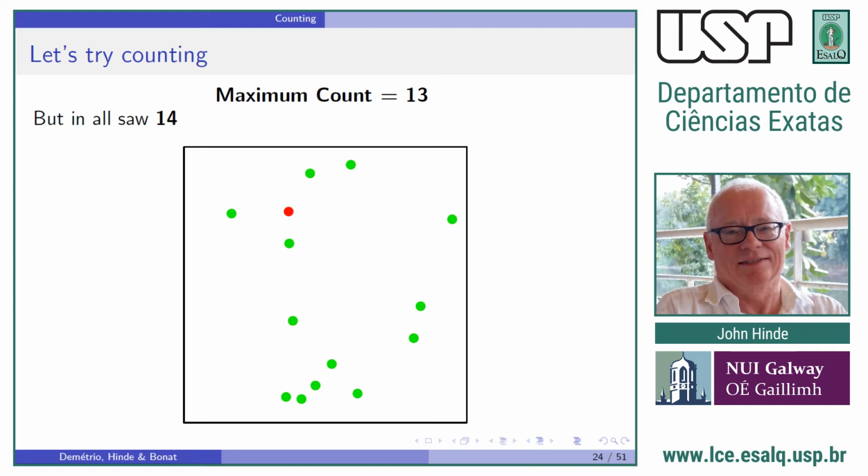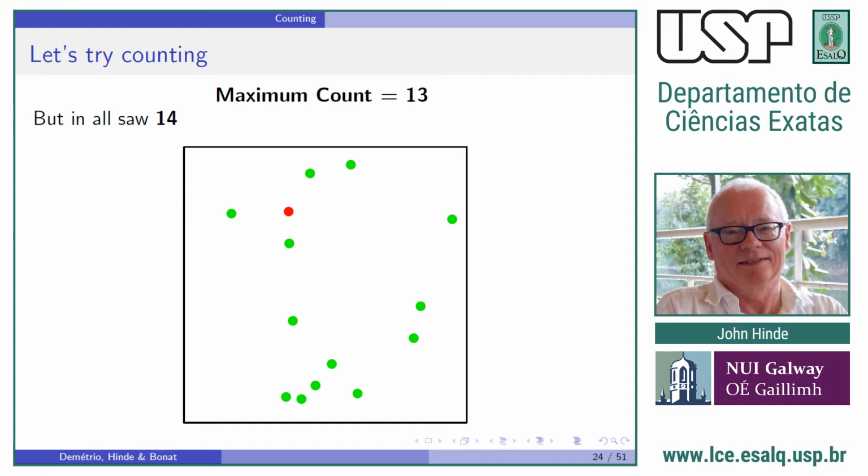But on any given occasion, the most you saw was 13. Yeah? So this got me thinking, well, hang on. When people give me count data, I assume they've just gone and counted it. But if they haven't, and they've counted, then counted again, and written down the biggest number.